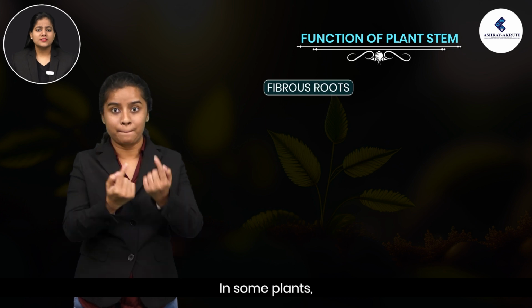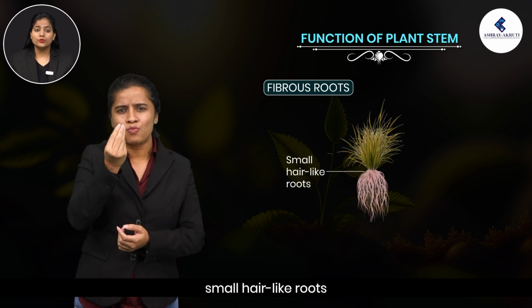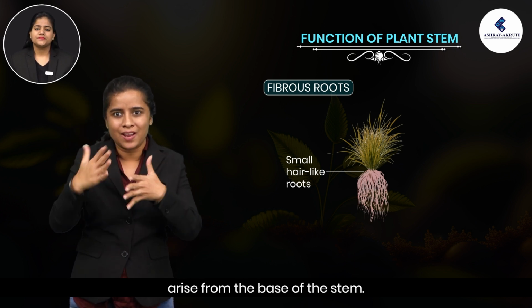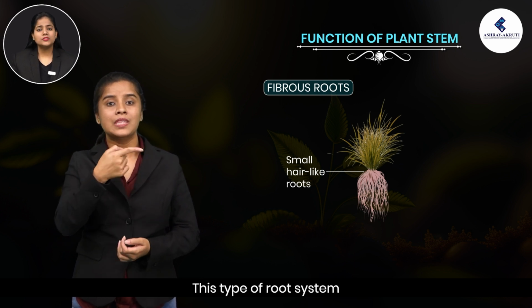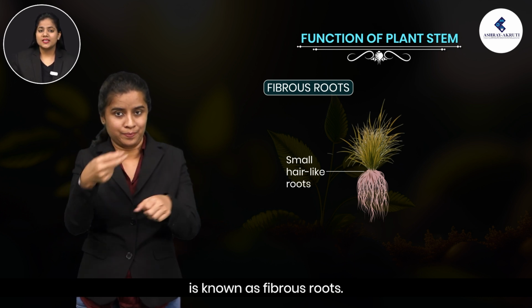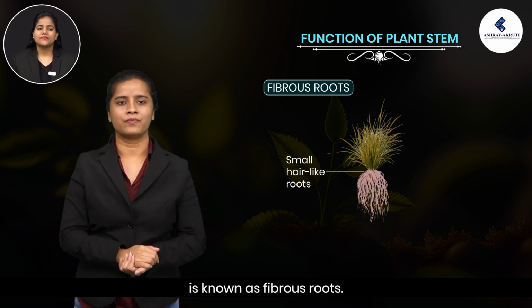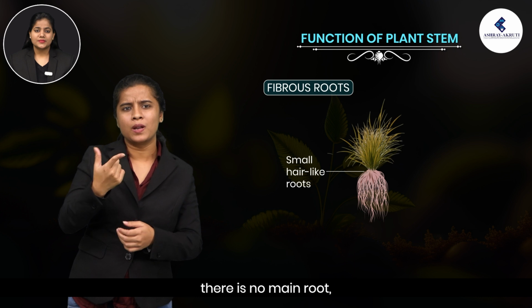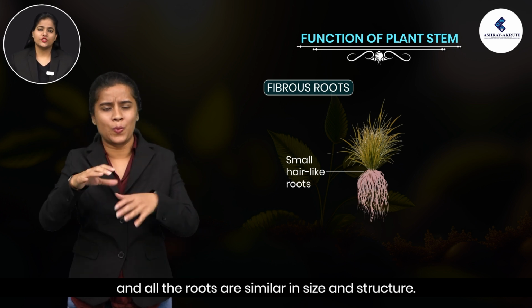In some plants, such as grasses, smaller hair-like roots arise from the base of the stem. This type of root system is known as fibrous roots. In this system, there is no main root, and all the roots are similar in size and structure.